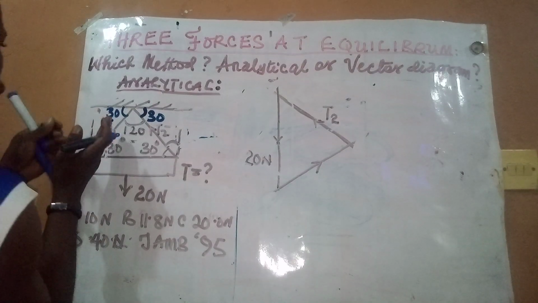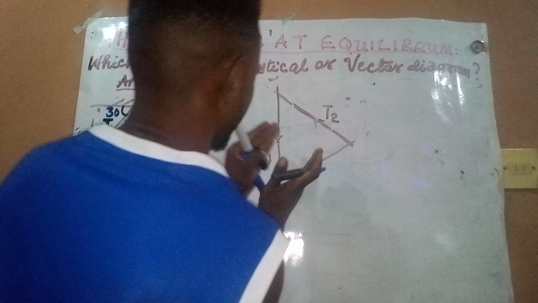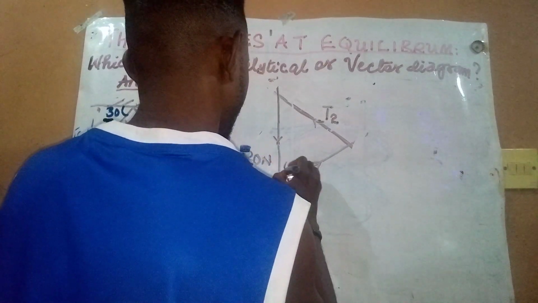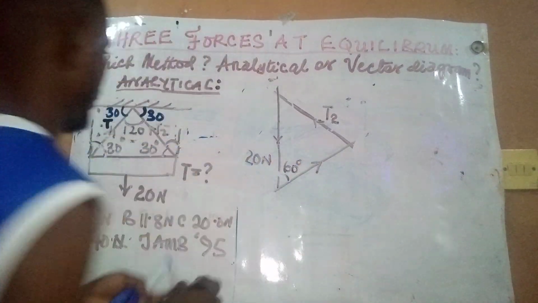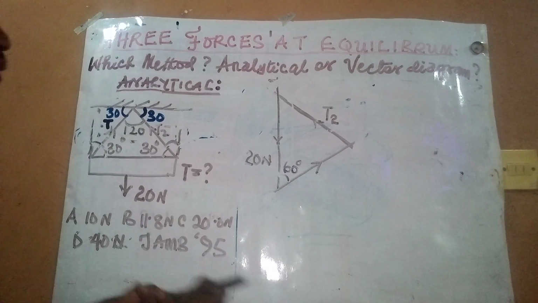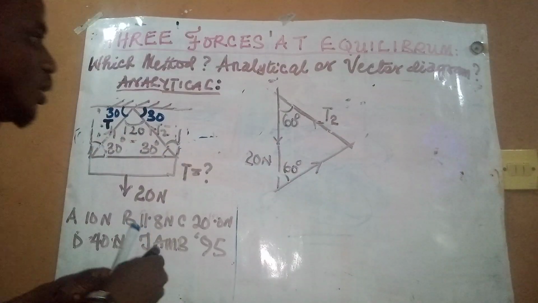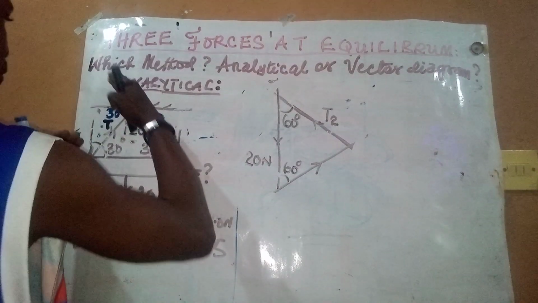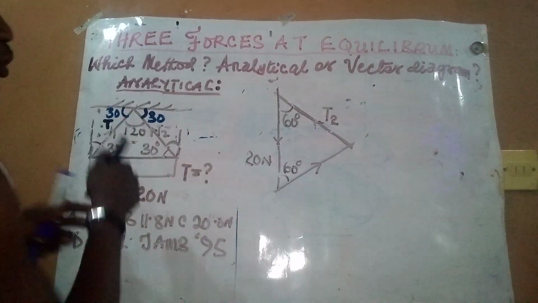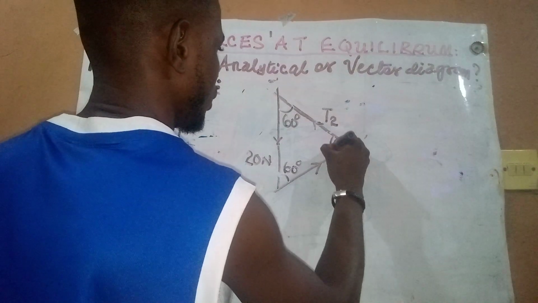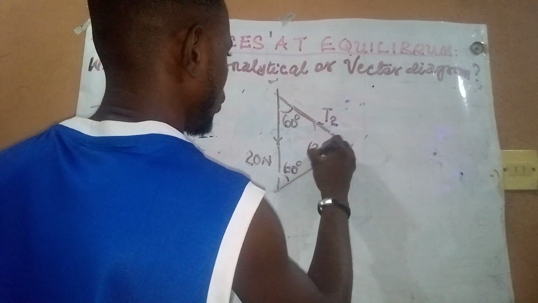So here it automatically becomes 60 degrees. This place is 60 degrees. And the angle between this force and this force is 120. Automatically becomes 120.